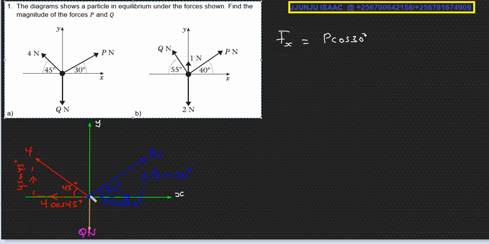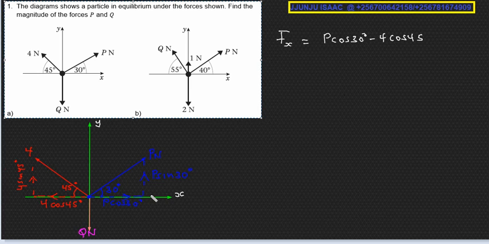Now we have another force which is moving to the left. Remember, this 4 Newton is moving in this direction. Down is negative, up I'm taking to be positive. Right, positive, left, negative. So the horizontal is negative 4 cos 45.